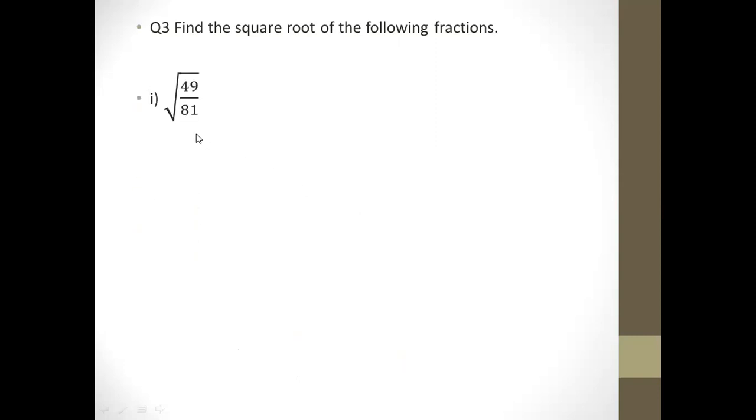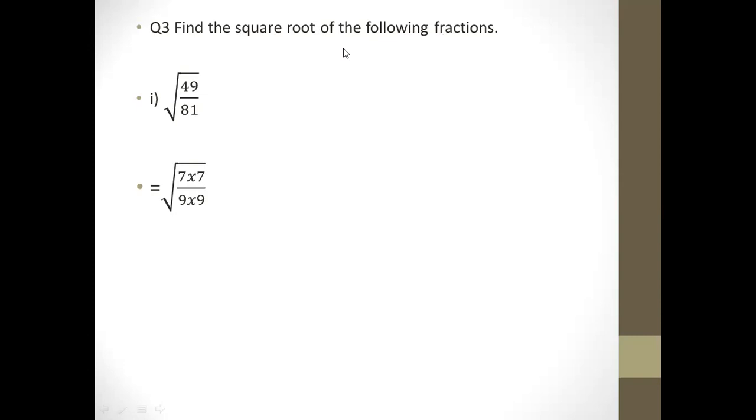So look, the first part is 49 by 81. So means that we find the square root of 49 and then the square root of 81. Look, here they didn't mention that you find the square root by prime factorization. When it is mentioned by prime factorization, you must factorize the number by prime factorization, means you divide it by 2, 3, 5, 7, 11, like this.